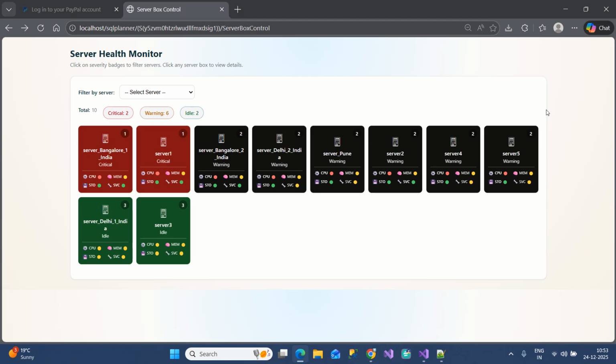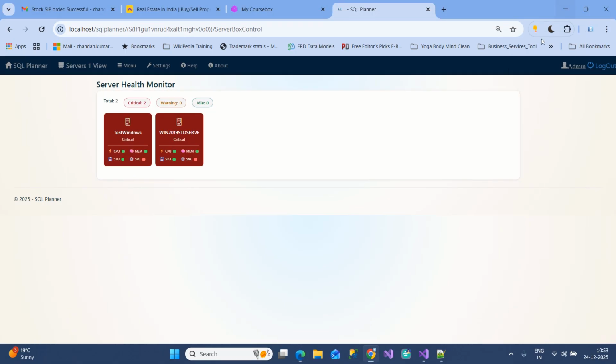Warning is when it has recently crossed the threshold and is in a middle stage, and green means everything is normal in that server. So this is a live view that you are seeing.